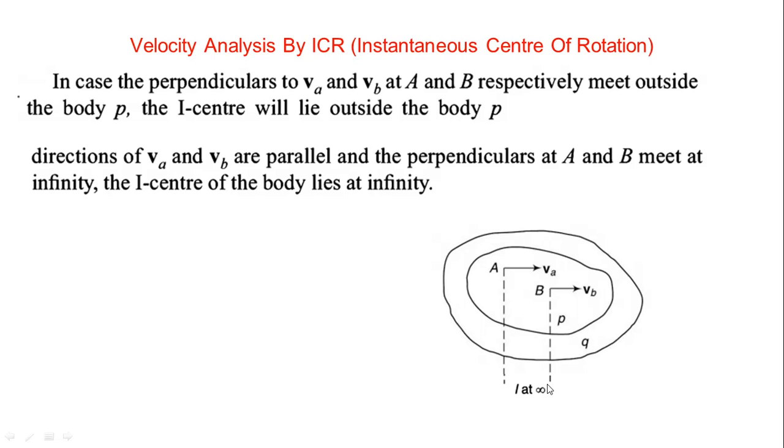Since the intersecting point of the perpendiculars drawn to the velocity vectors is the instantaneous center of rotation, and when the velocity vectors are parallel the perpendicular lines never intersect, it means that their ICR is going to lie at infinity.